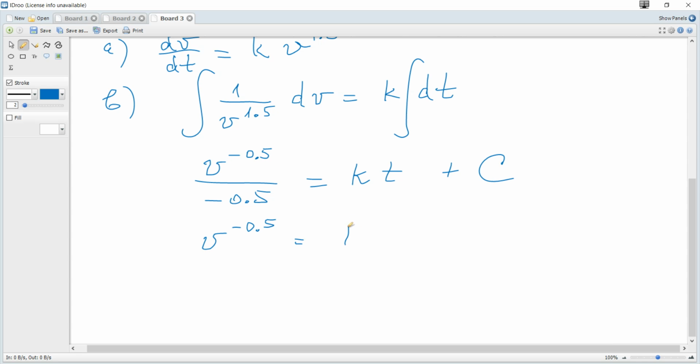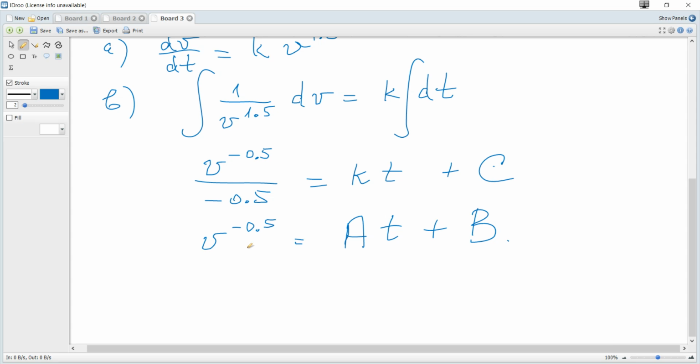So let's rename it, let it be a, for example, times t, plus a constant multiplied by a constant, which is just another constant. This can be rewritten as 1 over v to the power of 0.5, and 0.5 is a half, and the power of a half is just the square root.